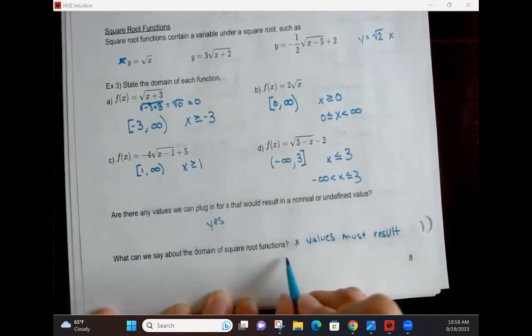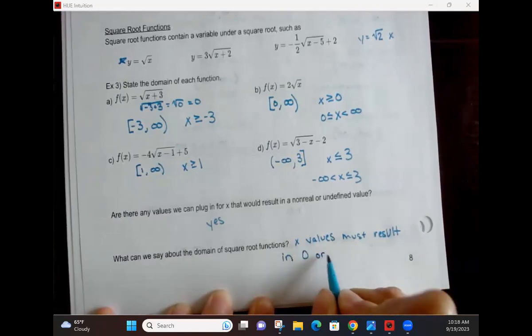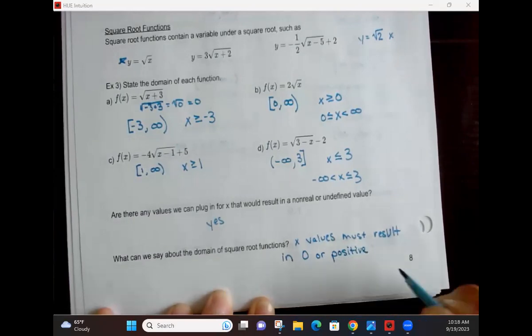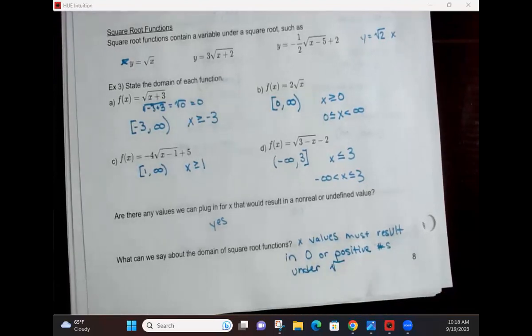that result in 0 or positive numbers under the square root. So if it's a square root, I have to be taking the square root of a minimum of 0 or anything positive. 0 or anything positive under the root.